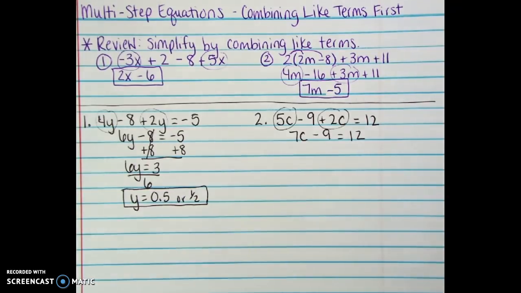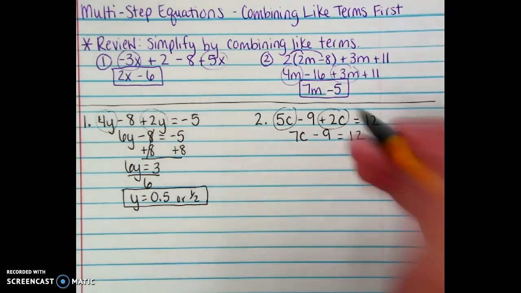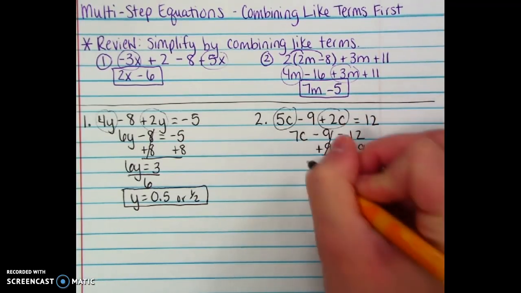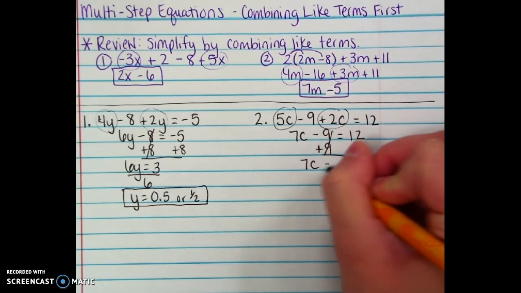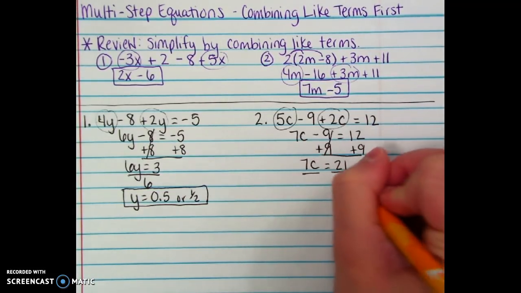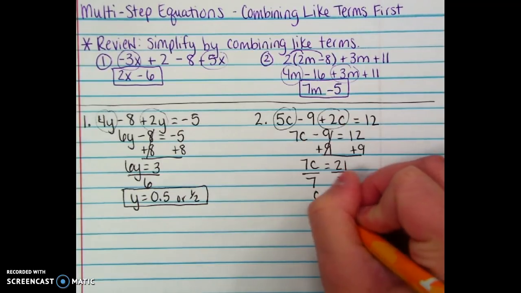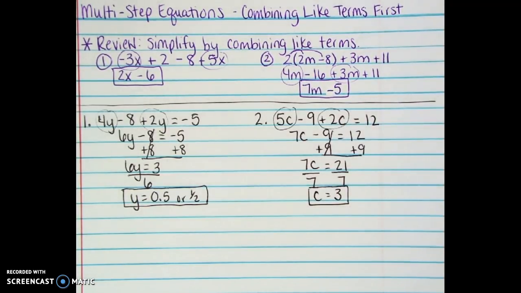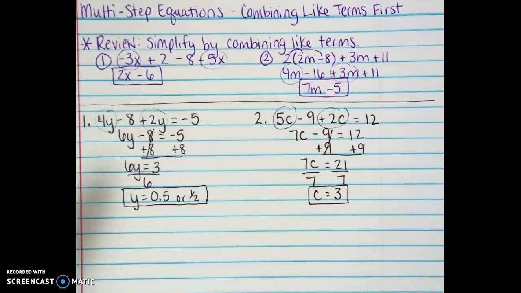Okay, now it's a two-step equation. So I'm going to add 9 to both sides. 7c equals 21. Divide by 7. C equals 3. And that's it. Okay, let's look at a couple with a distributive property in it.